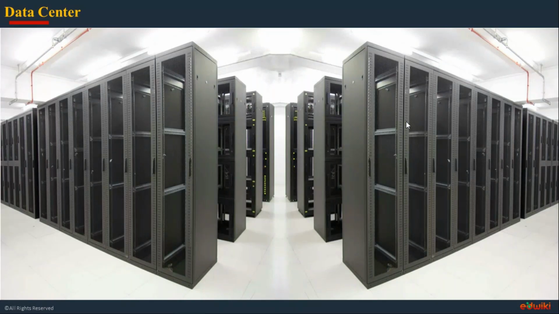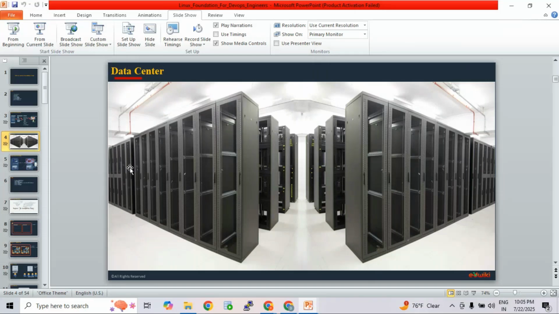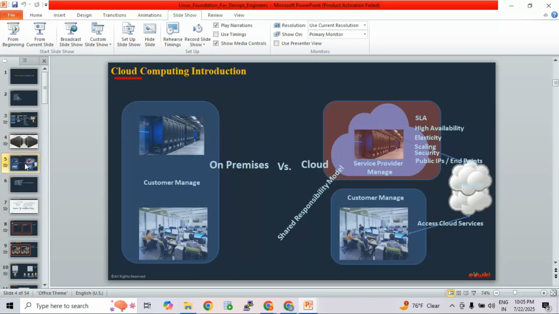That means I have to put more effort into maintaining the data center, and I definitely don't get enough time to think about my customer experience or improving my customer side. That's not a good thing. That is where, these days, the cloud has come into the picture.